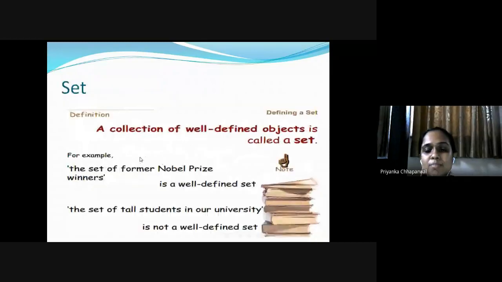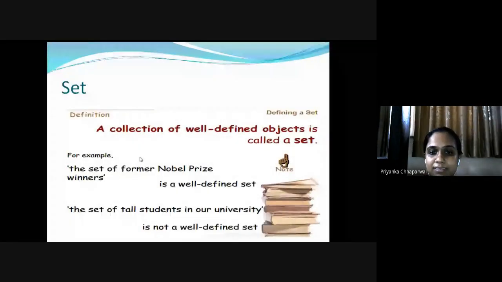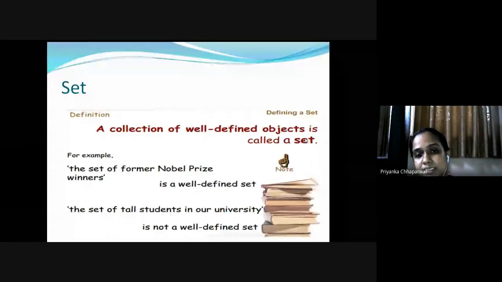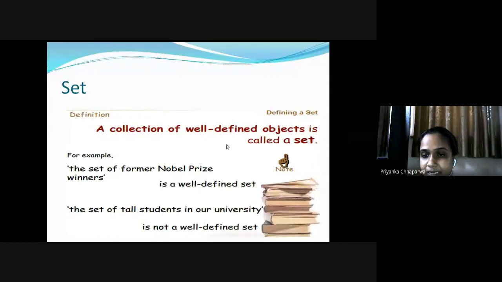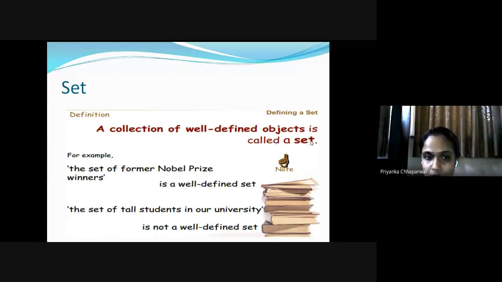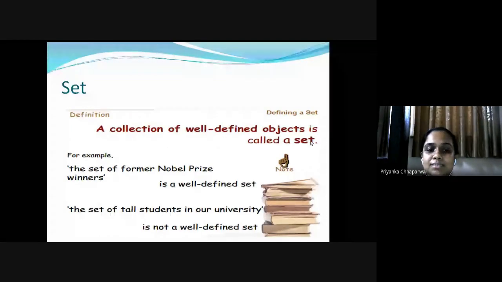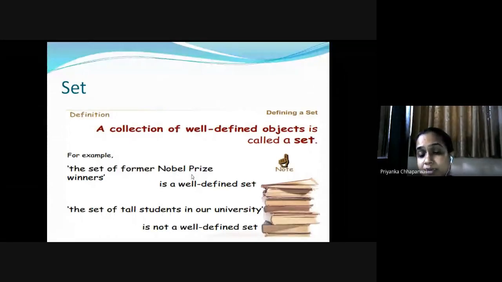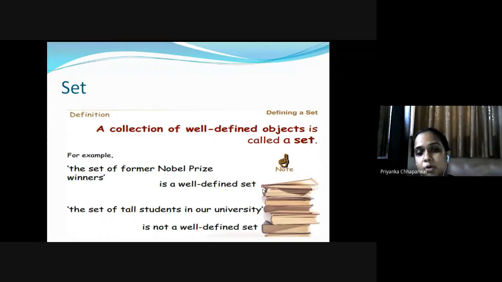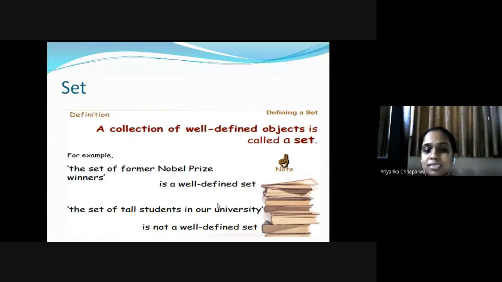By definition, a set is a collection of well-defined objects. Whatever objects you select, they must be well-defined. For example, the set of former Nobel Prize winners is a well-defined set, because the list of Nobel Prize winners exists.